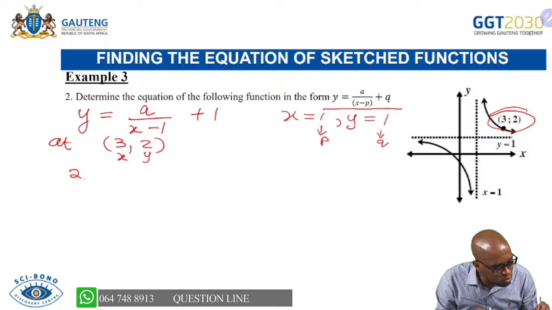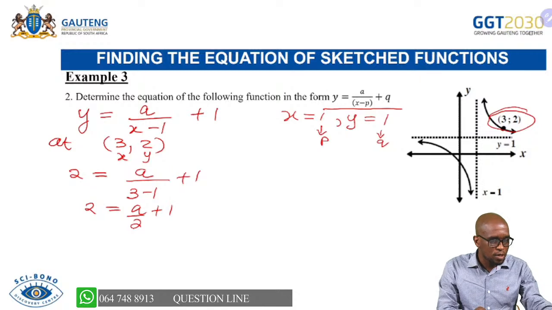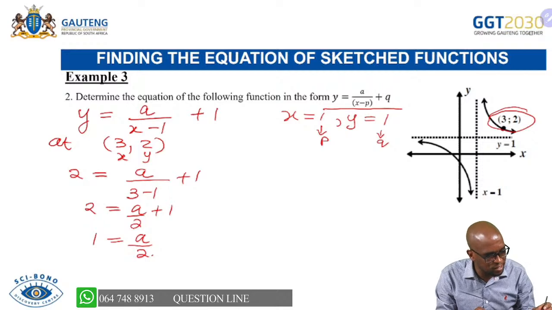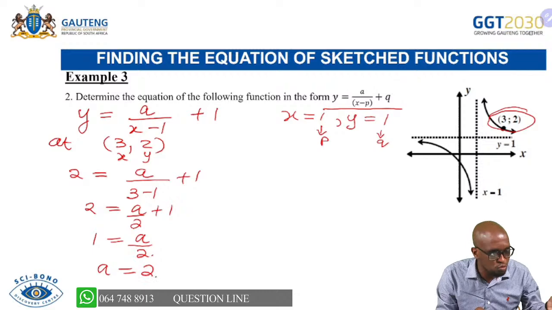So this would be 2 equals a over (3 minus 1) plus 1. If you simplify this, you get 2 equals a over 2 plus 1. Simplifying further, we transpose the 1: 2 minus 1 gives 1 equals a over 2. If we multiply both sides by the LCD, 2, we get that a equals 2.